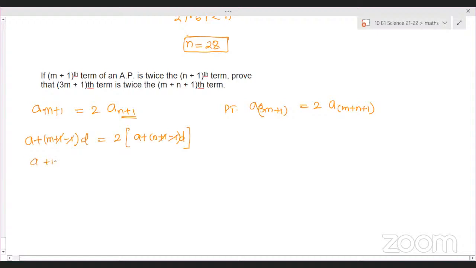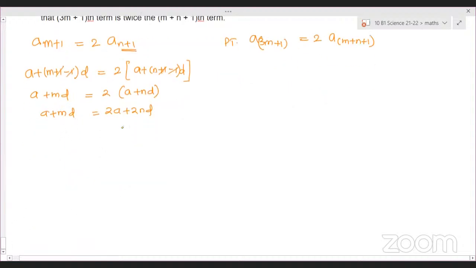So A plus m into D is equal to 2 into bracket A plus n into D. So A plus mD is equal to 2A plus 2nD. So A is equal to mD minus 2nD. So m minus 2n into D is equal to A. This is from the given thing, the simplification we got from the given.